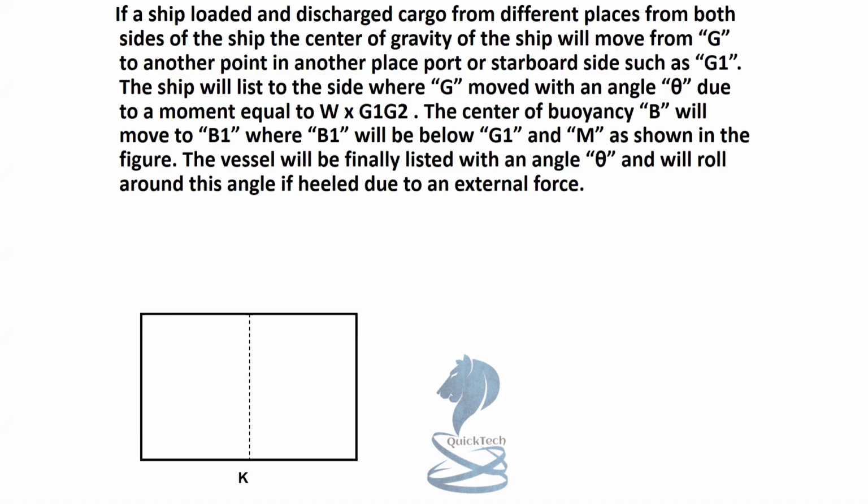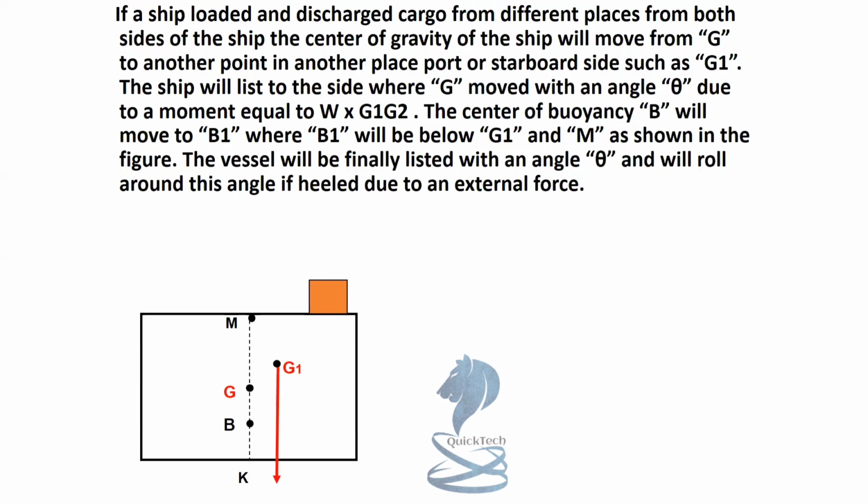Now let's discuss. If a ship loaded and discharged cargo from different places on both sides of the ship, the center of gravity of the ship will move from G to another point in another place, port or starboard side, such as G1.